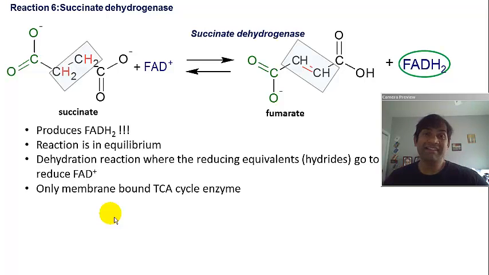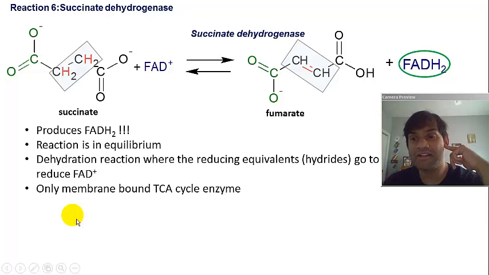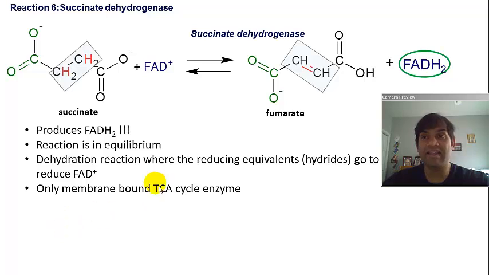Here is an enzyme that's part of a metabolic pathway, the Krebs cycle, that is bound to the membrane, so it has a direct line to the electron transport chain. So the important thing to remember about succinate dehydrogenase is that it is the only membrane-bound TCA cycle enzyme. It is bound in the inner mitochondrial membrane, and that FADH2 has a direct conduit to complex 2 of the electron transport chain.